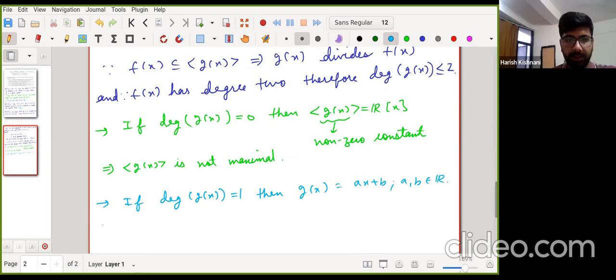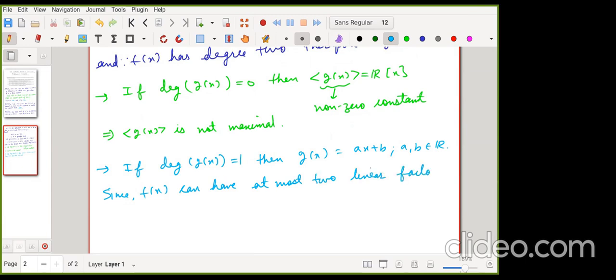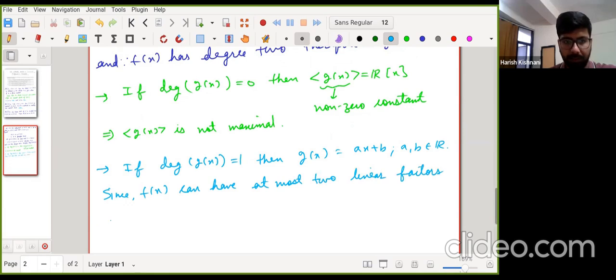And as you said, since f(x) can have at most 2 linear factors, therefore g(x) can have at most 2 possibilities.